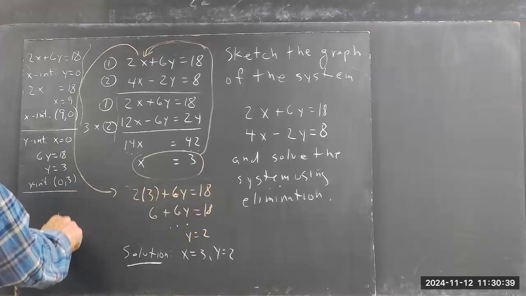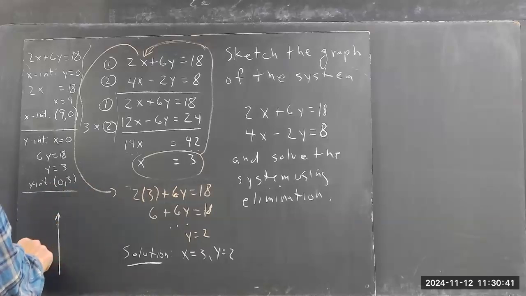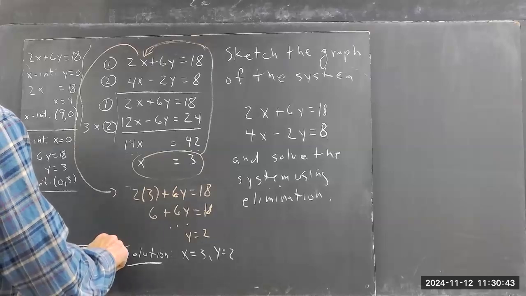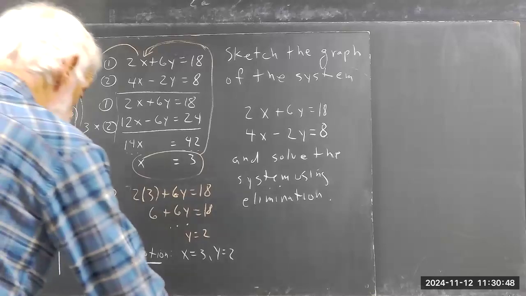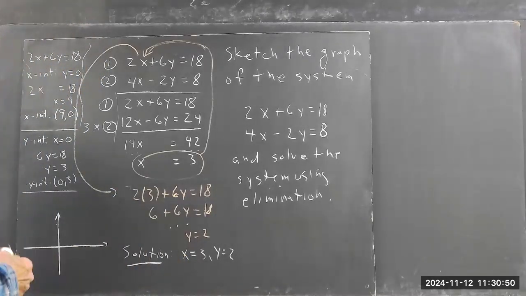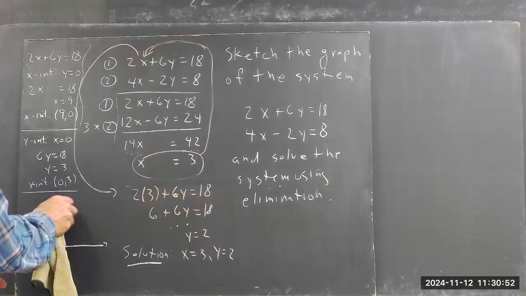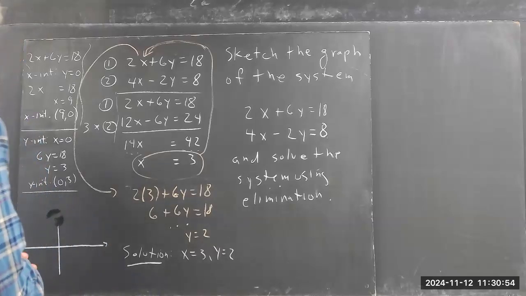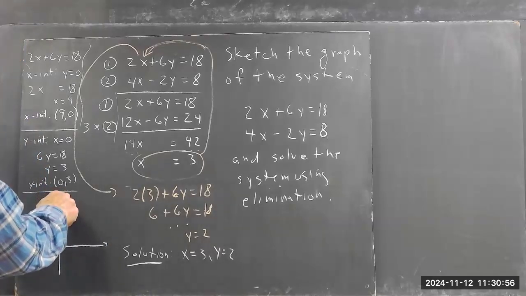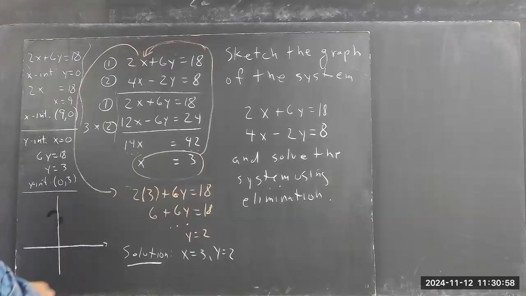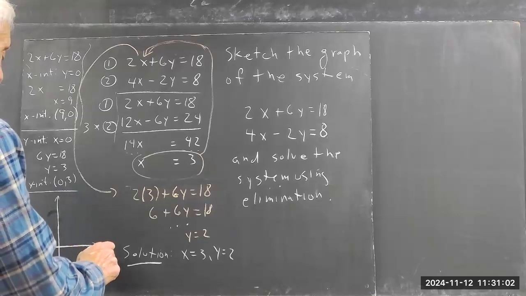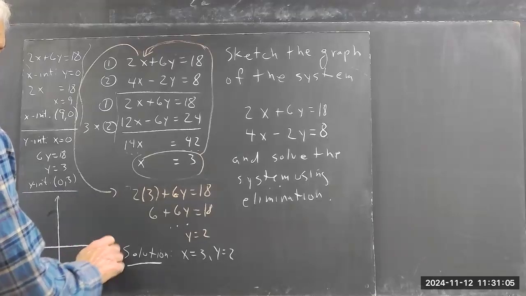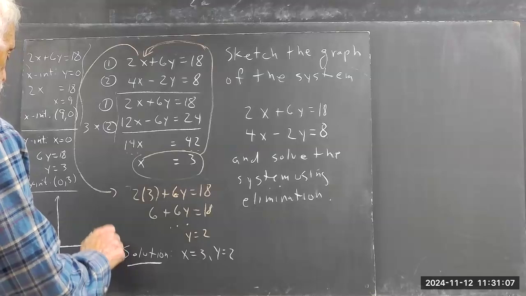On the graph, then, we have the point 9, 0. Got to go all the way up. Well, I don't have to. Again, reading it backwards, I'm sorry. So we need to go a little further here, because 9 is kind of a big number.